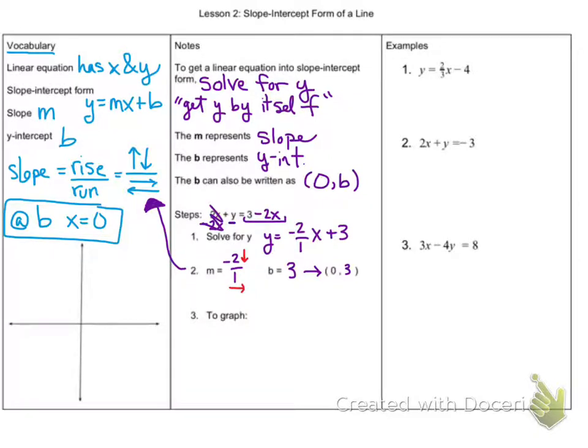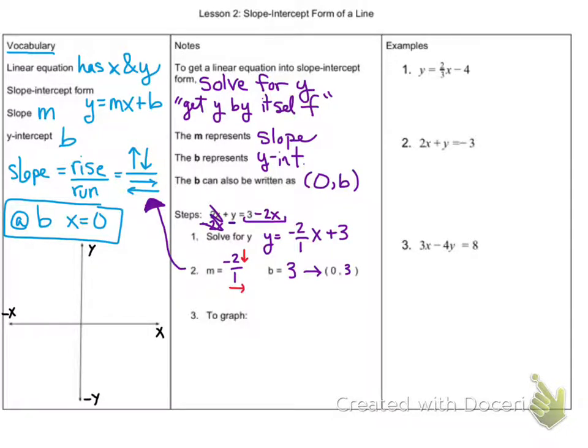So we're going to graph over here on the left-hand side on this xy axis, so let's take a second to label it. We have x and y, negative x and negative y.